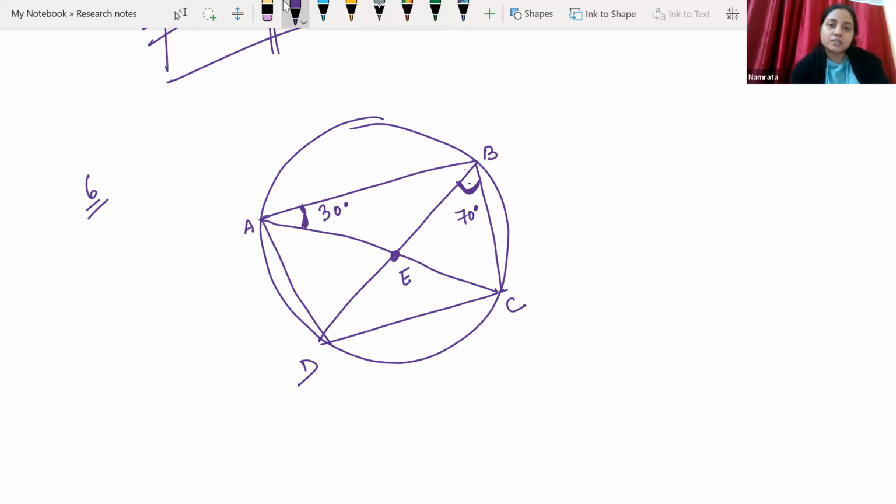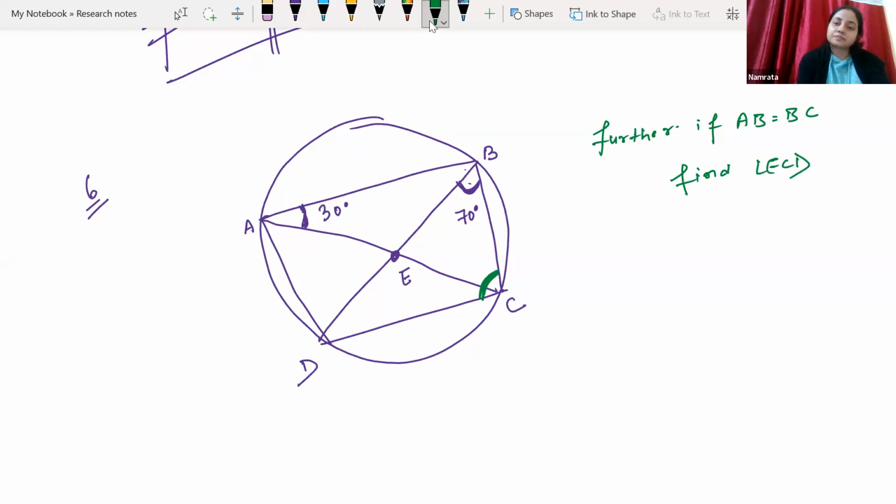We have to find this angle. Further, if AB equals BC, find ECD. Okay, we will be taking this case.